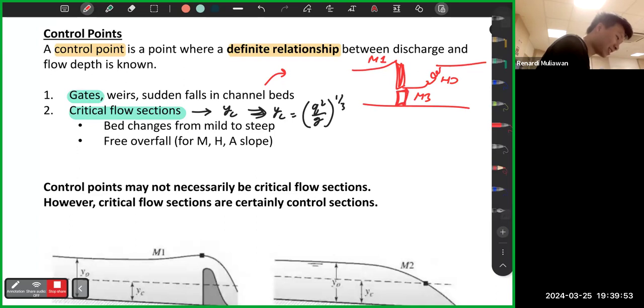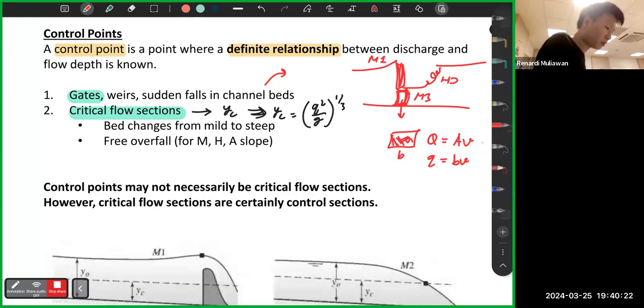Since this space is a fixed area, you can relate the Q to the Y. Because Q equals AV, so small q equals VY.